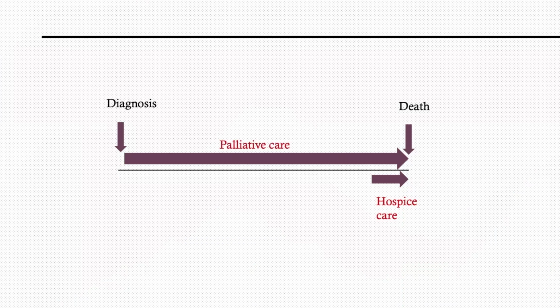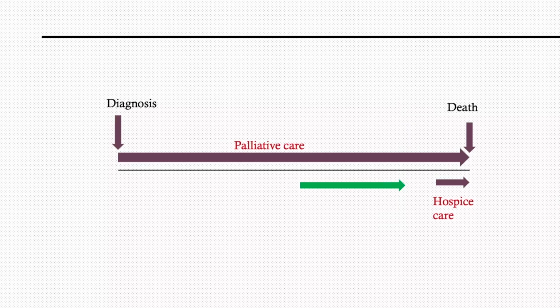But palliative care is the care we give to people from the time of diagnosis of life-limiting illness until their death. So hospice care is part of palliative care, but it's not all of palliative care. Even if you'd want to extend your life, possibly by taking treatment, then palliative care still is an option.